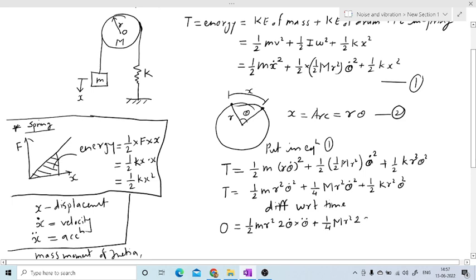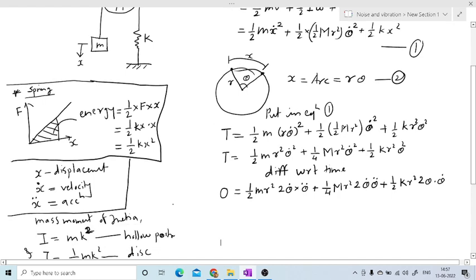Take the differentiation 2 theta dot into theta double dot. Okay. So theta dot square differentiation is 2 theta dot, and for theta dot it is theta double dot, plus 1 half k r square, it is constant. So take the differentiation of theta square, 2 theta into theta dot, theta square 2 theta, and for theta it is theta dot. Okay. Now I am going to simplify this one.